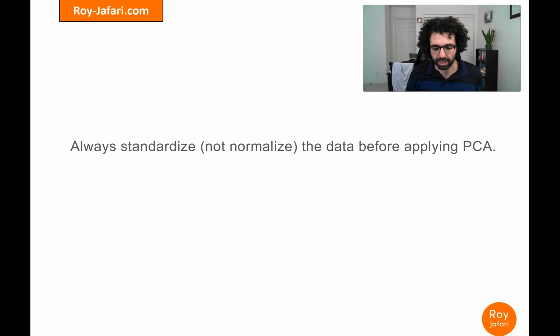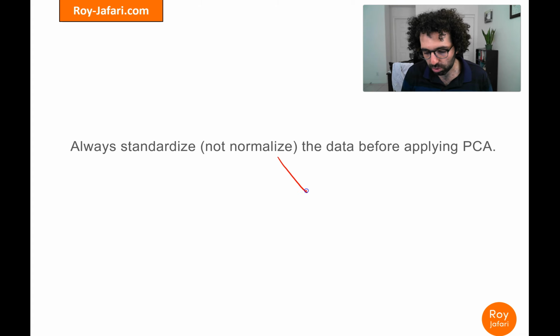Now let's look at one caveat that you want to pay attention to every time you are about to use PCA: before doing PCA on a real data set, you want to have a standardized data set. And if you don't know, there is a difference between normalizing and standardizing. Normalizing is when you make sure that the scale of all of your attributes is the same.